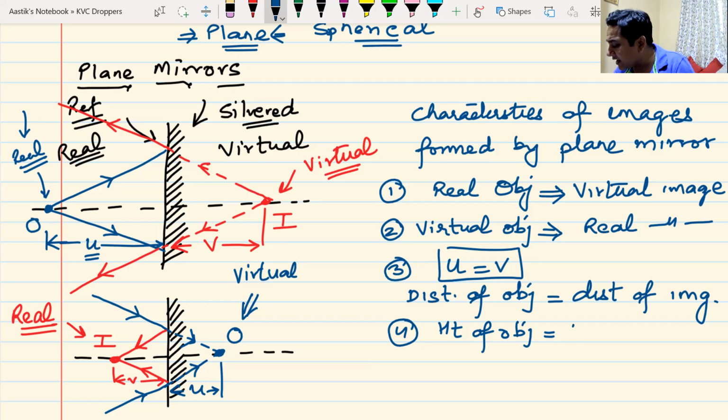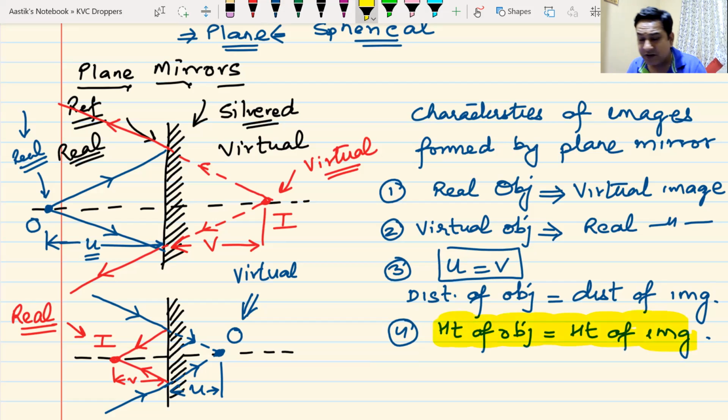It's very easy to understand that the height of the object is the same as the height of the image. Do we understand this? Whenever you see yourself in a plane mirror, the height of the image that you see is exactly the same as the height of the object, which is you. Do we understand this?